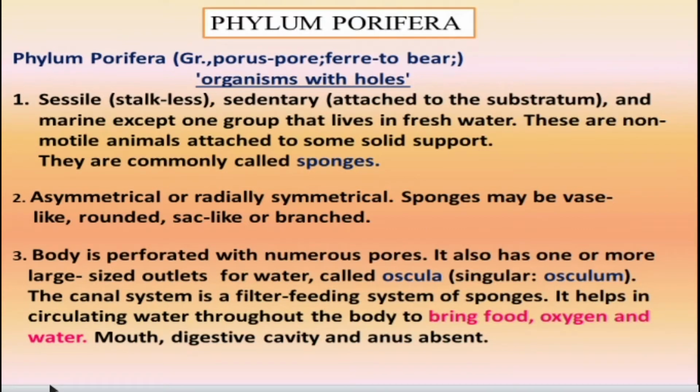There are 9 phyla of invertebrates. In this session, we will discuss the first 3 phyla. The first one, Phylum Porifera. In Porifera, the body of the animal contains a large number of pores or holes.